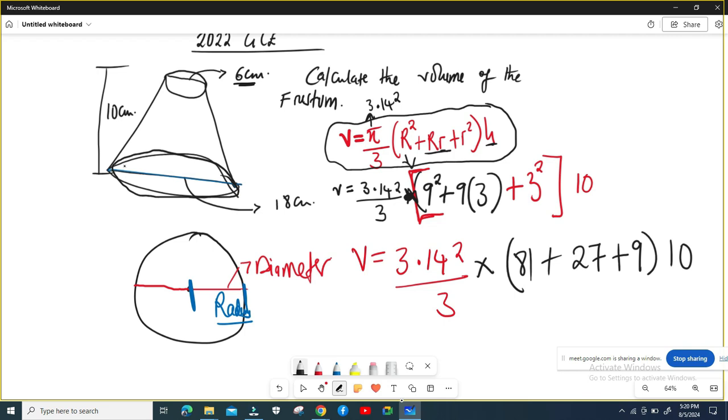This length represents the diameter, not the radius. The diameter starts from the circumference, passes through the center, and goes to the other circumference. But the radius is half of the diameter. So since the diameter is 18 centimeters, the radius is 9. Even on the small r, since the diameter is 6 centimeters, the radius is 3.